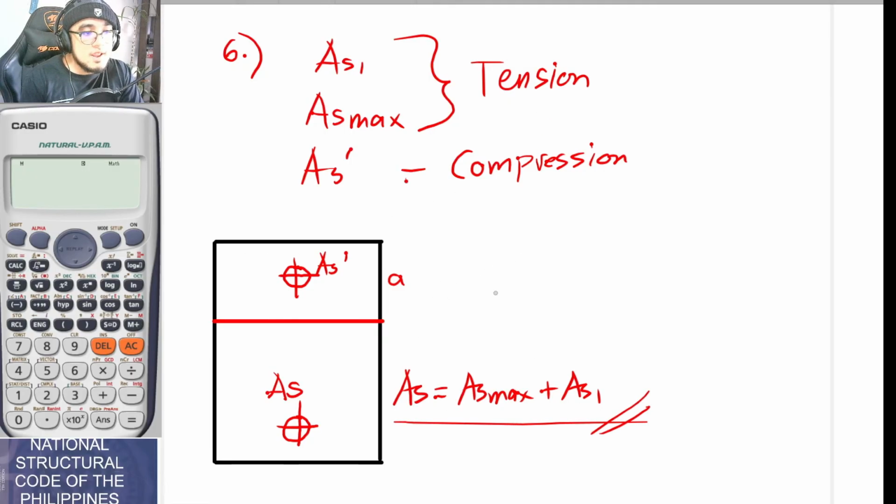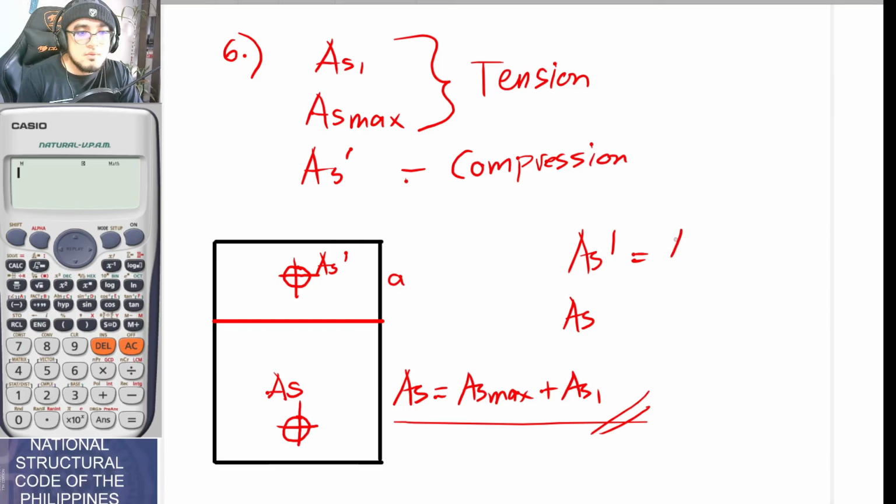So, now that you already have the values for your As prime and As, you can now determine the number of rebars by division. Just divide them by the total area of one rebar to get the number of pieces.